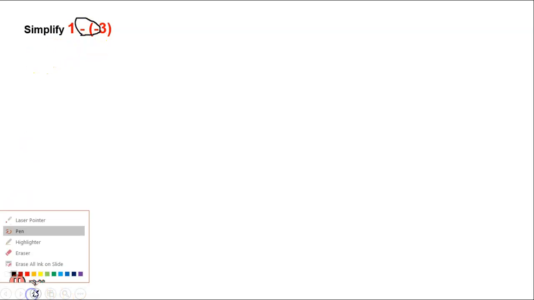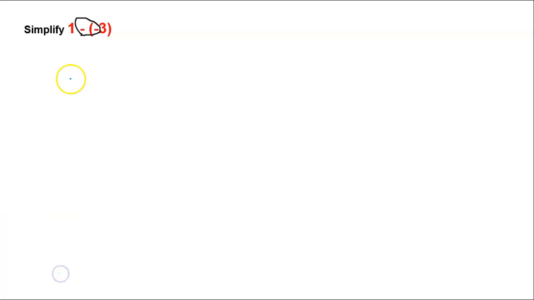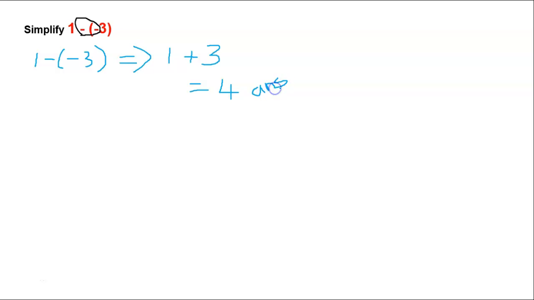Because of that, 1 subtract negative 3 is the same as 1 plus 3, because negative times negative equals positive. 1 plus 3 equals 4. So that's our answer, 4.